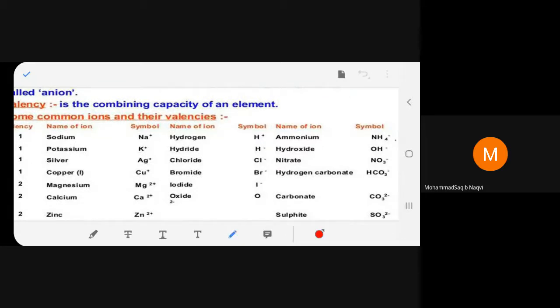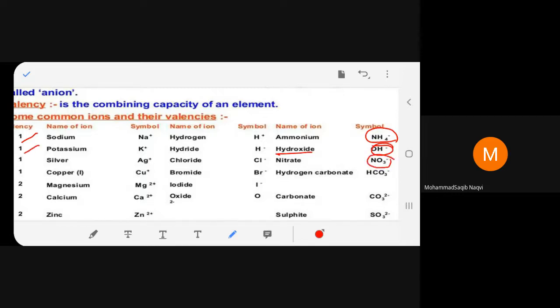Now ammonium, NH4 plus. These are the formulas that you have to remember, beta. So you have to write at least 5 times the chemical formula or the molecular formula and the name. It's clear? This is how you will remember. Hydroxide, OH minus, valency 1.